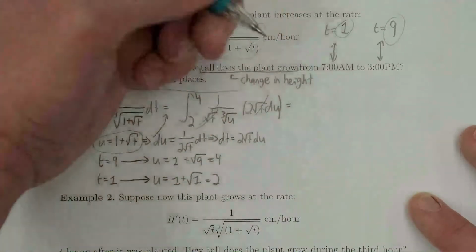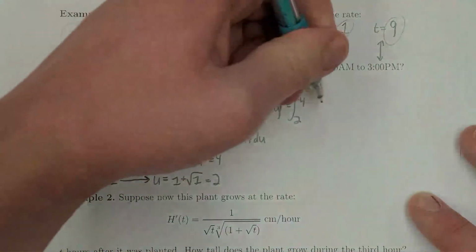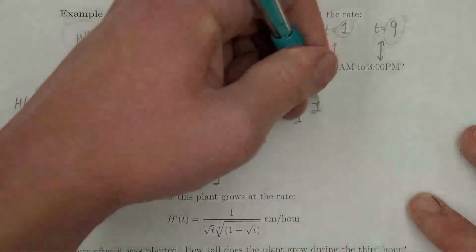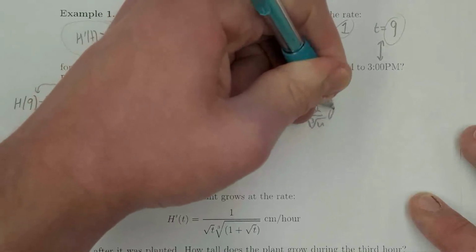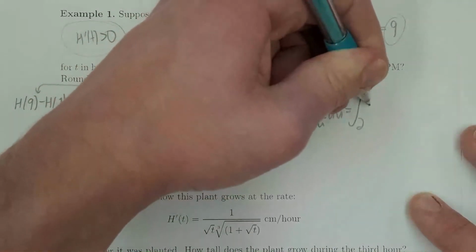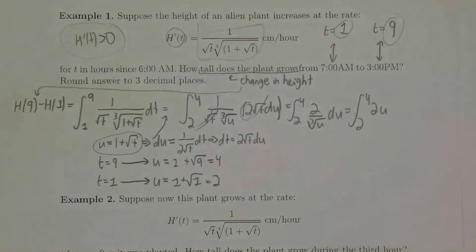And so what we're left with at the end of the day is the integral from 2 to 4 of 2, from this 2 right here, and then over the cube root of u du, which we can then rewrite as the integral from 2 to 4 as 2 times u to the what power? Yeah, negative 1/3, right?